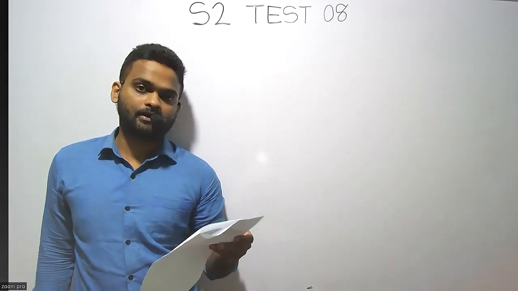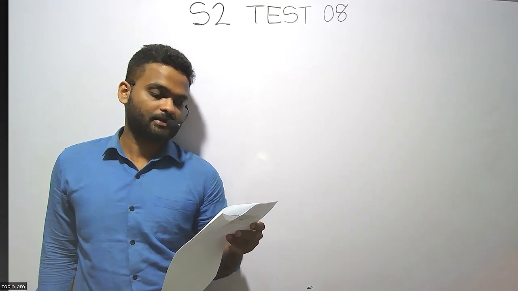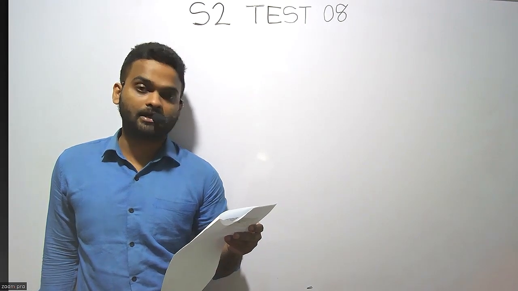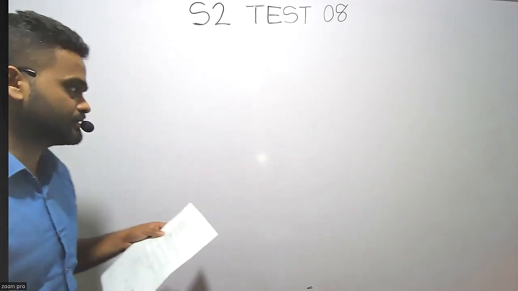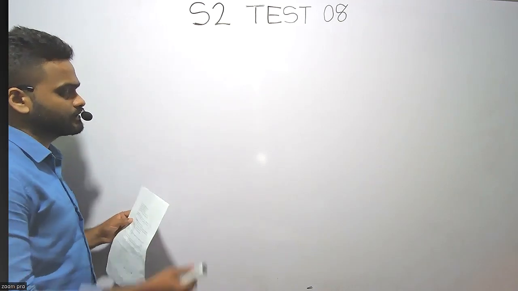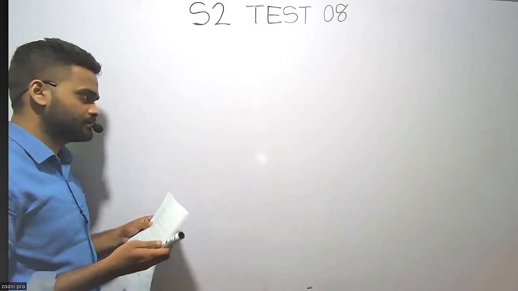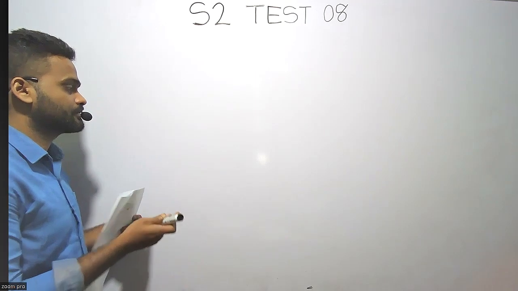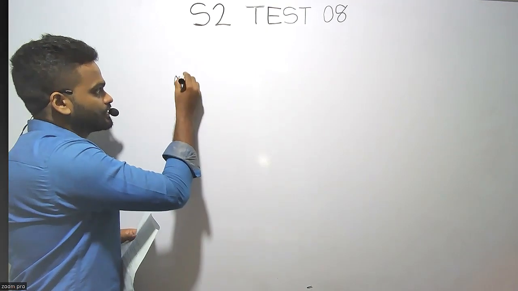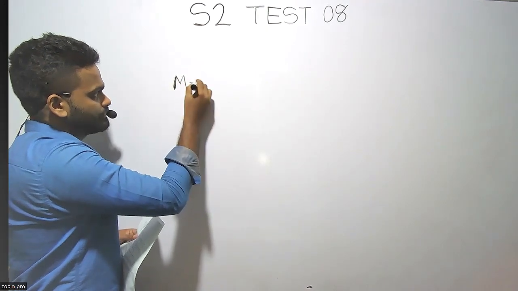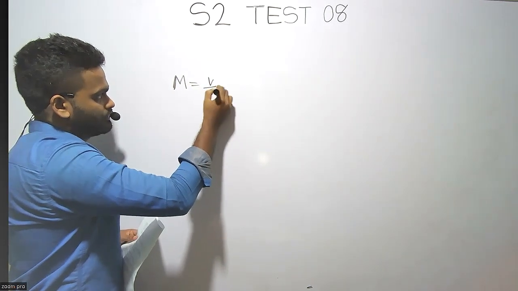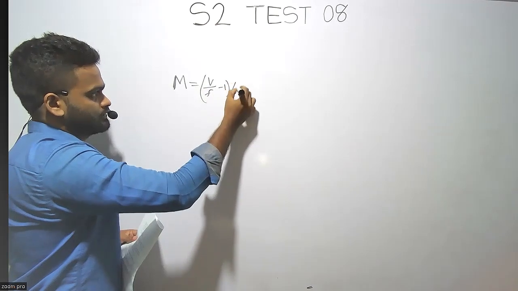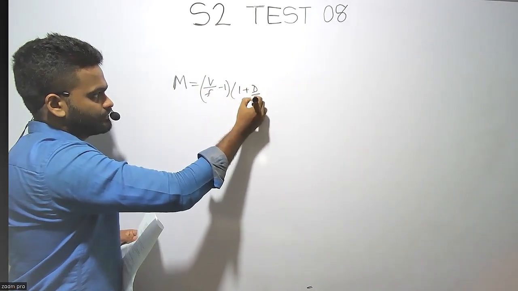Right, 11th one. To get a larger angular magnification from a compound microscope, capital M should be larger. So what they ask is what should be the lenses in order for that to happen. If you remember this equation, this question is going to be easy. M = -(v0/u0)(1 + D/fe).